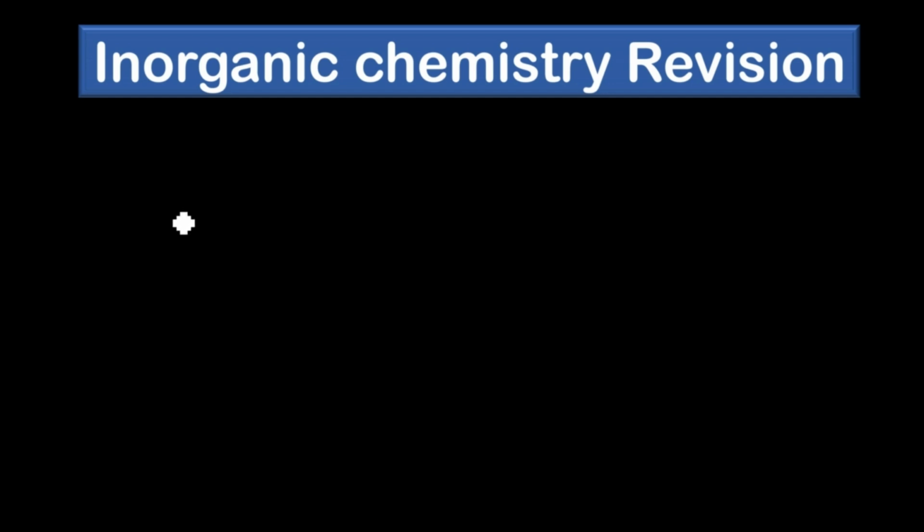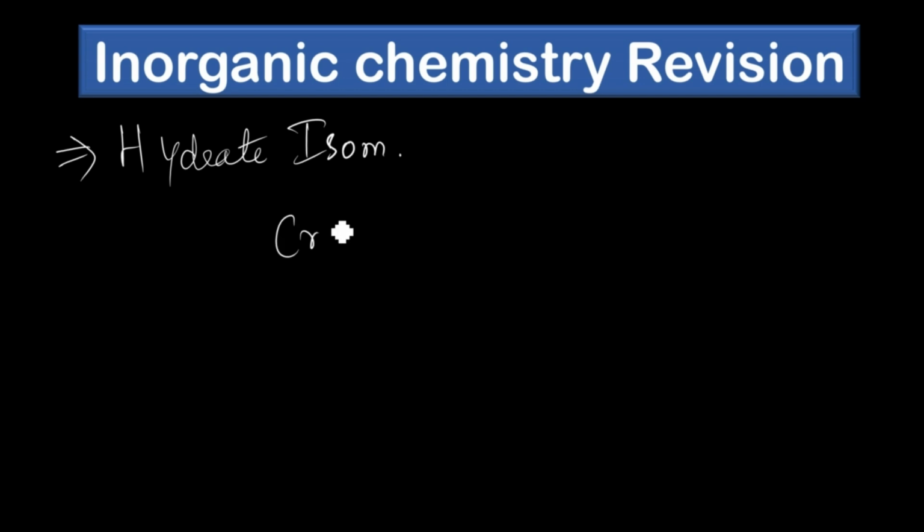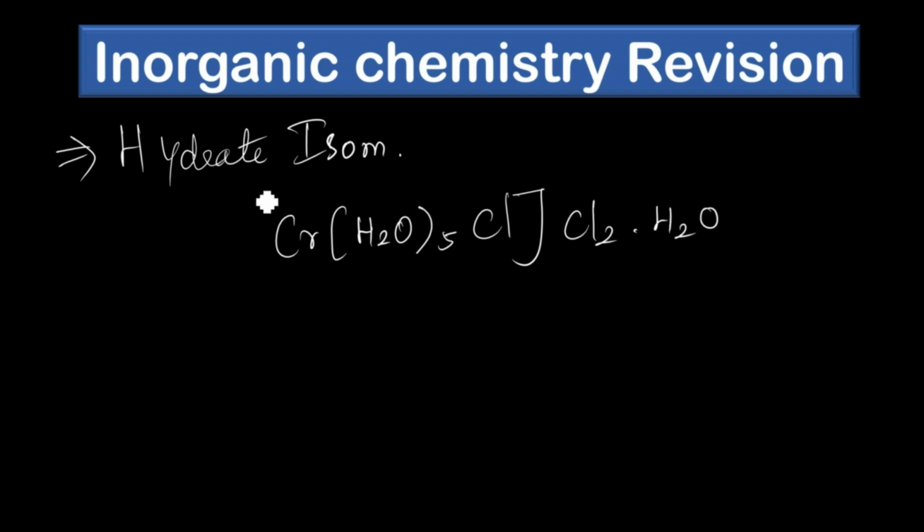The next isomerism is hydrate isomerism. Hydrate isomerism means the number of hydration changes. For example, Cr(H2O)5Cl Cl2 H2O.